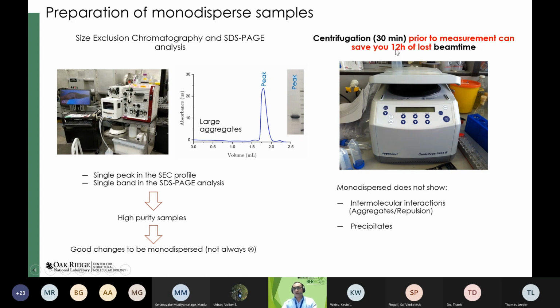For instance, you can easily lose 12 hours of beam time if you don't properly centrifuge your samples before the experiment. If everything behaves well in this step, you have high purity samples and a good chance to have a monodisperse species for beam time.